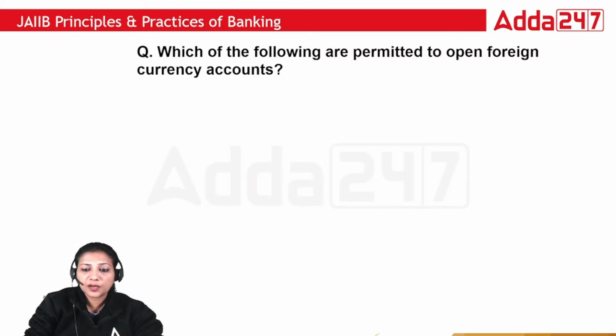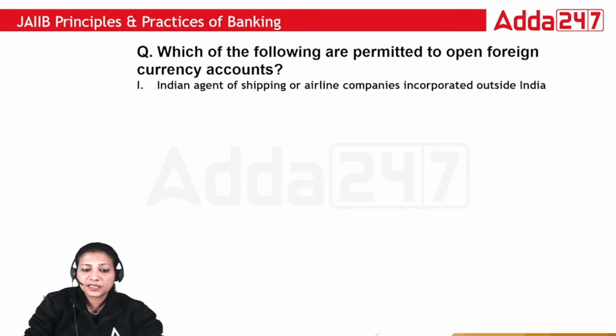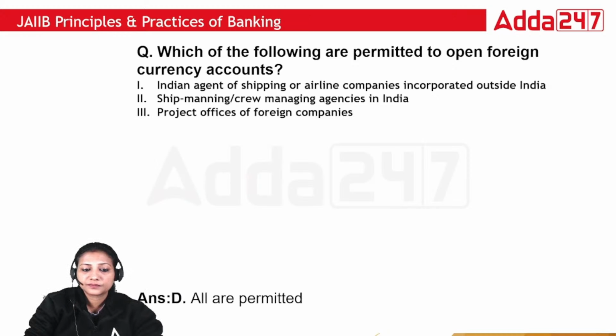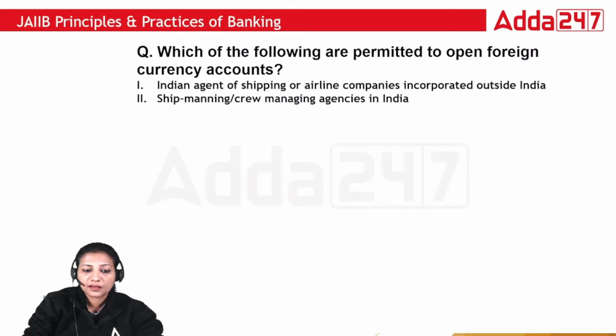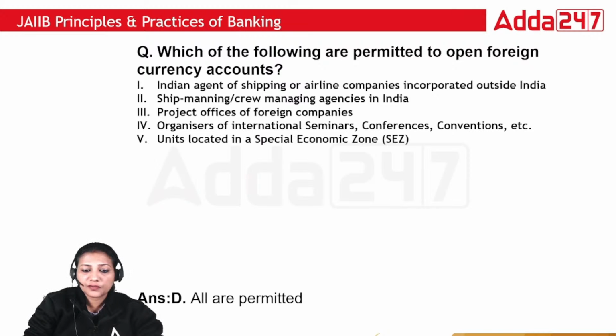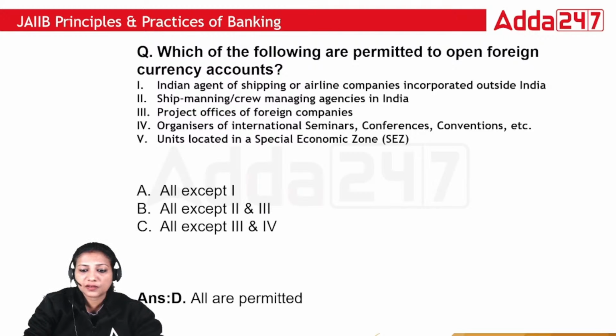Which of the following are permitted to open foreign currency accounts? Indian agents of shipping or airline companies incorporated outside India, ship manning or crew managing agencies in India, project offices of foreign companies, organizers of international seminars, conferences, conventions, etc., units located in special economic zone.